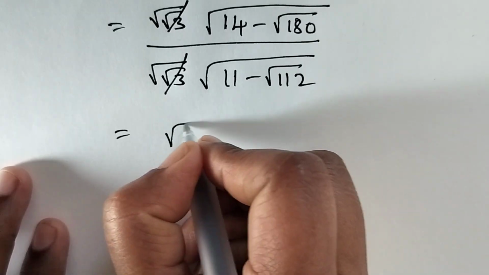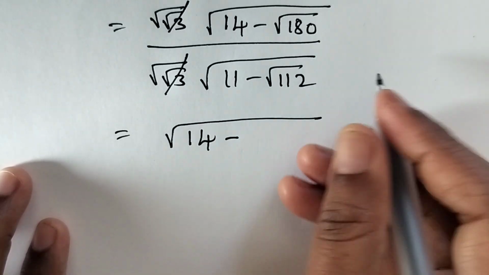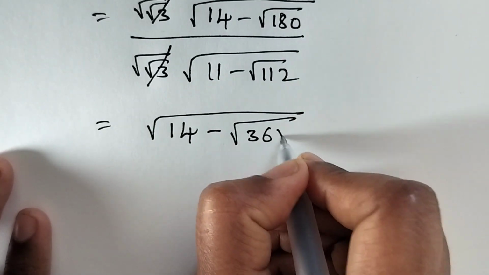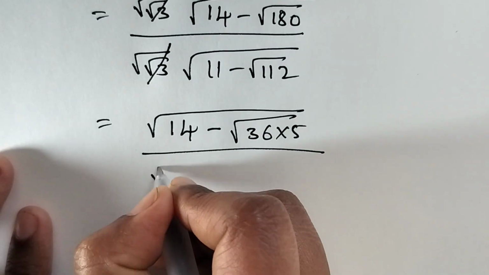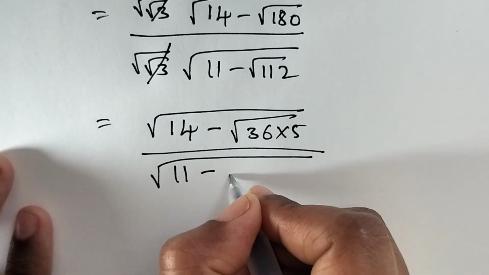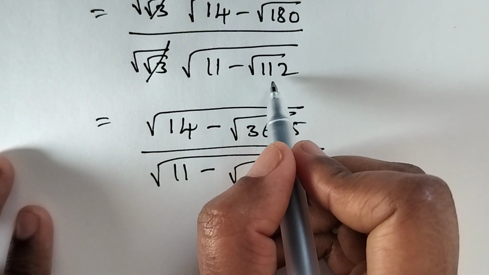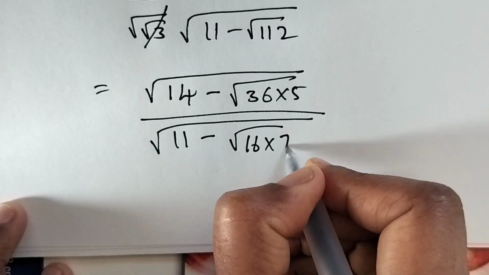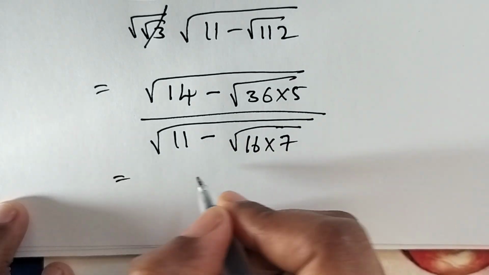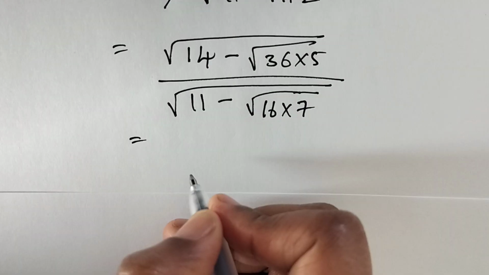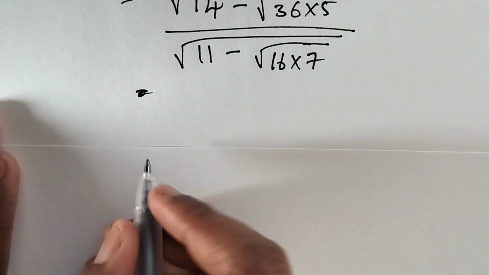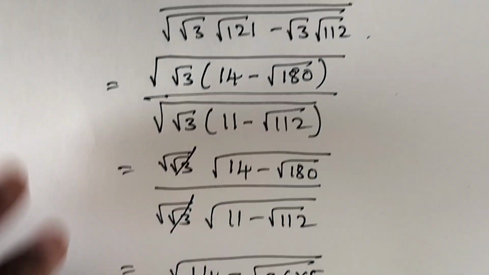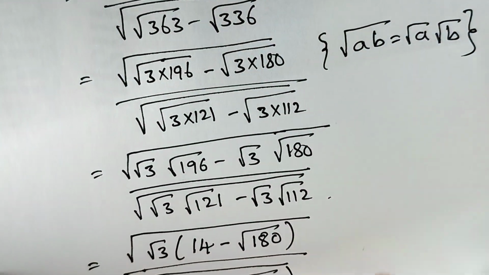So now we have the square root of 14 minus the square root of 180, which we can write as 36 times 5, divided by the square root of 11 minus the square root of 112, which we can write as 16 times 7. Again we use this formula.